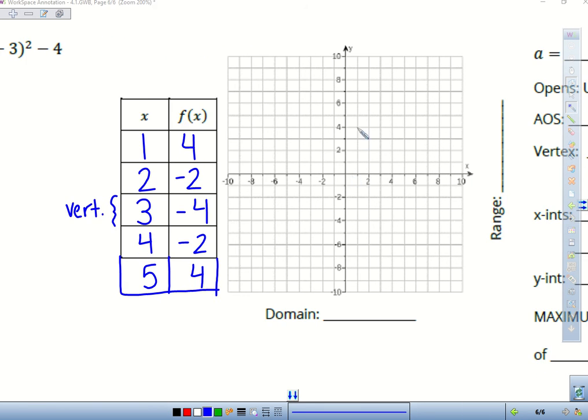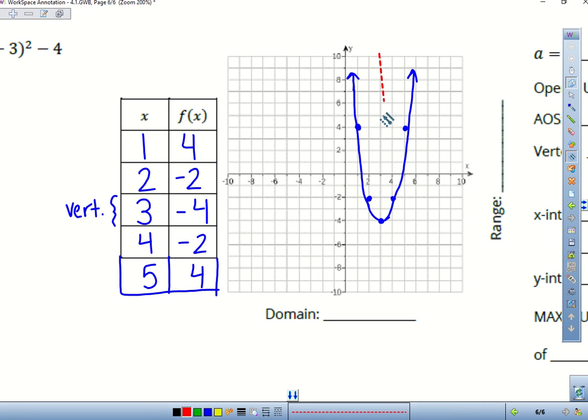So we have 1, 4. We have 2, -2. We have 3, -4. 4, -2. And 5, 4. You connect them to make the U shape that it should connect to, best you can. It doesn't have to be perfect.